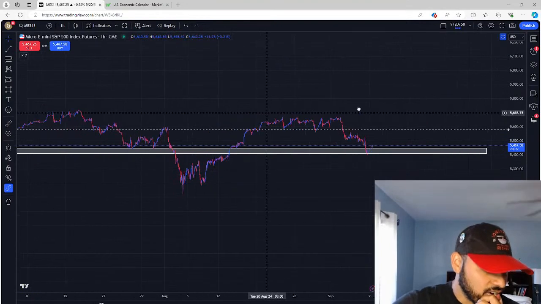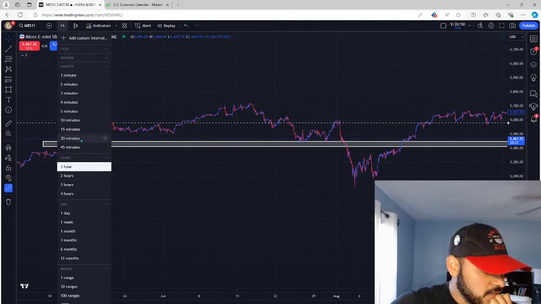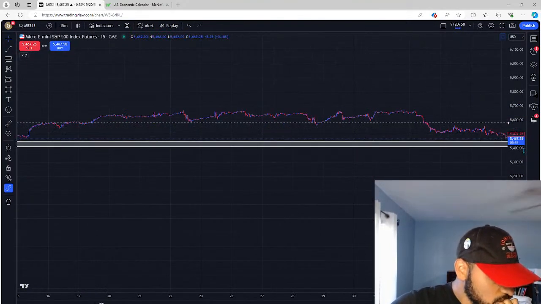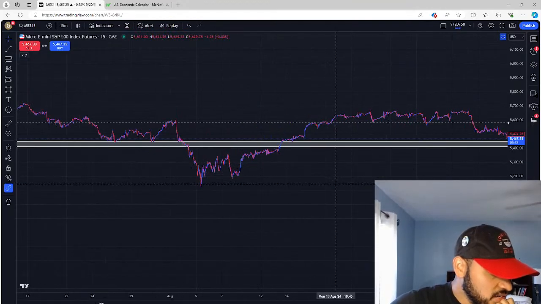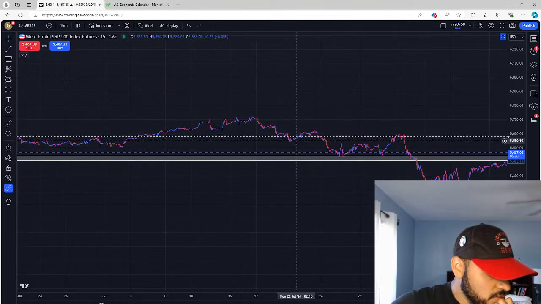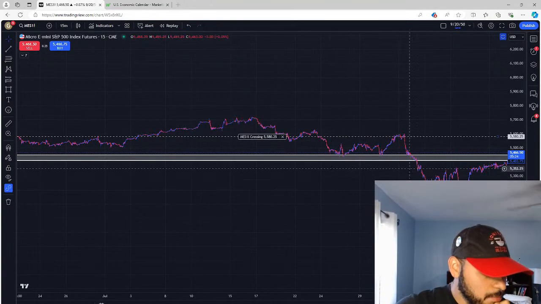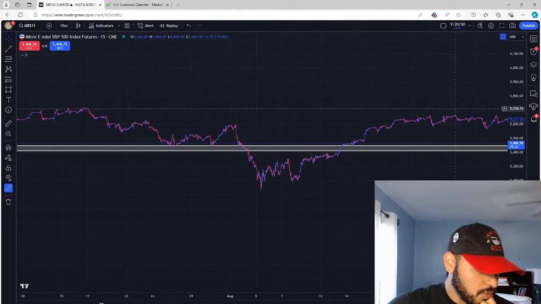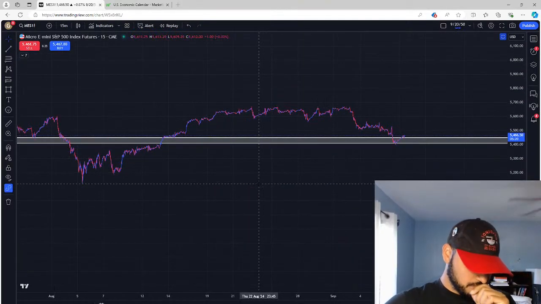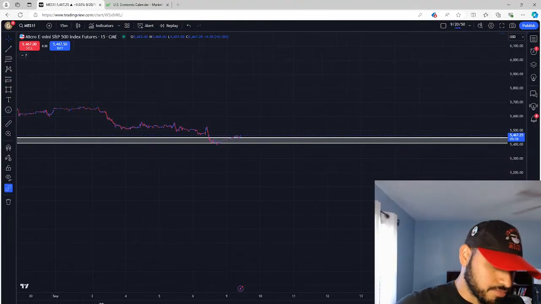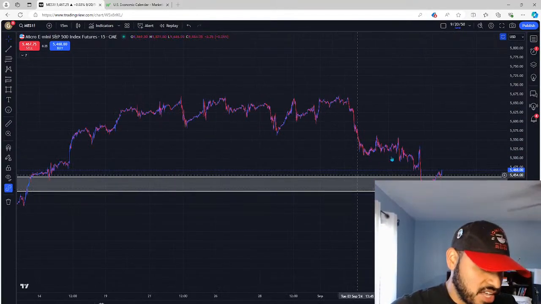You can get clear price action respecting it right over here. Price support bounce, support bounce, support bounce, until eventually it broke it off. We smashed right through it, and we're trading on that right now because price action is consolidating in that range.